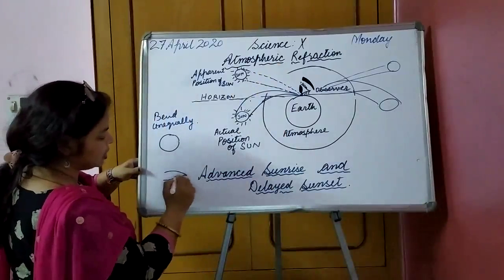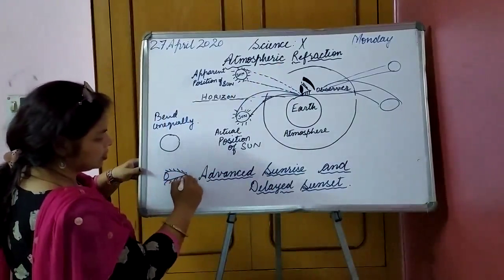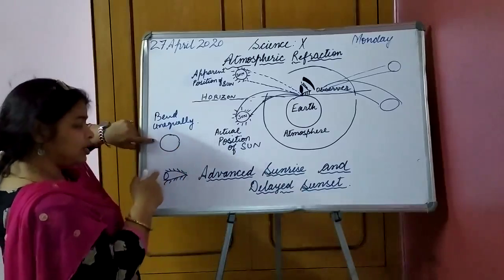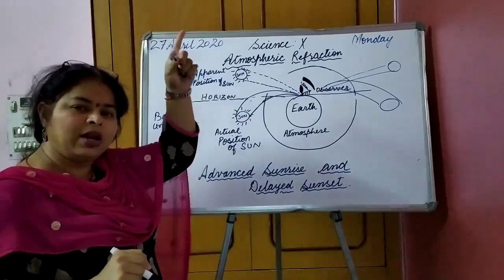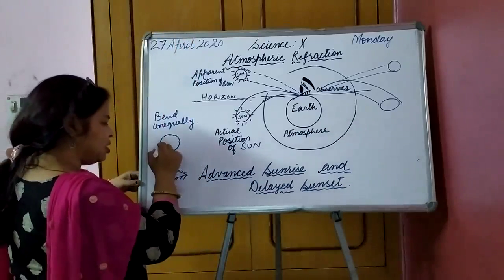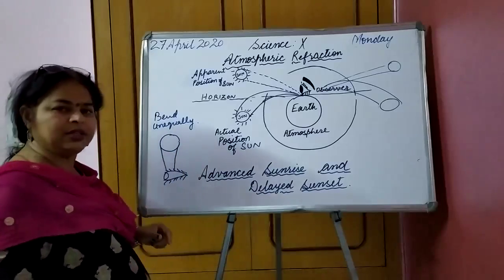But when the sun is overhead, this is the observer's eye, and overhead means at noon, when it is above our head, at that time the rays that are coming are equal on both sides.